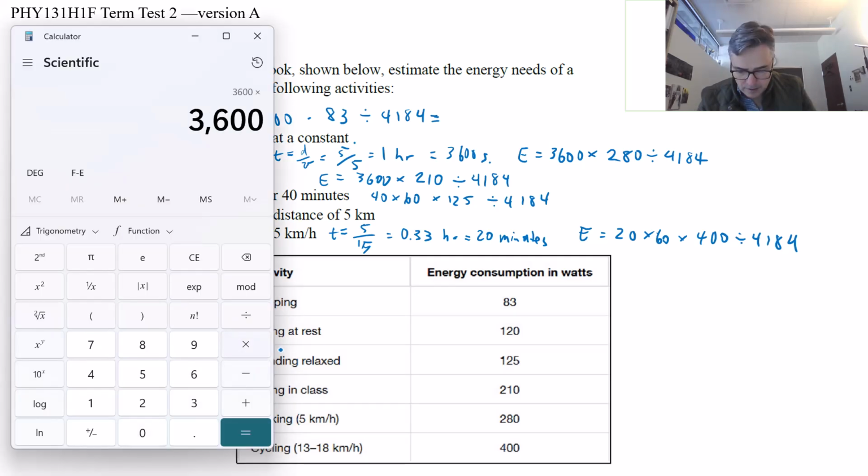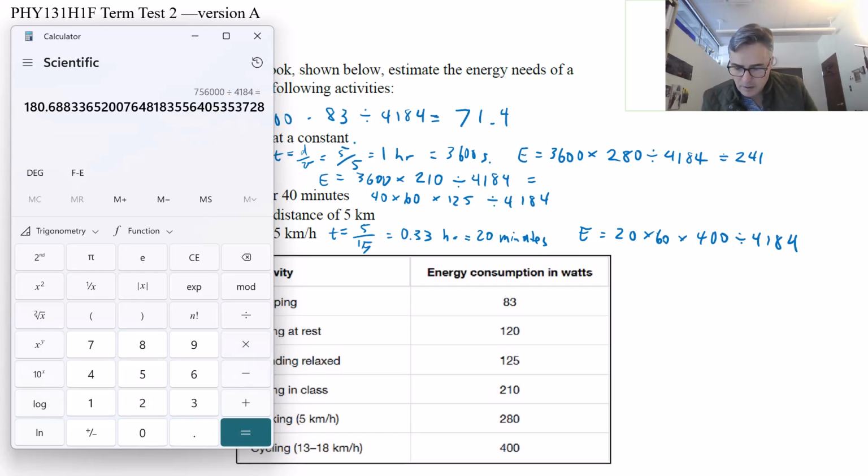3,600 times 83 divided by 4,184 is 71.4. 3,600 times 280 divided by 4,184, 241. 3,600 times 210 divided by 4,184, 181. 40 minutes times 60 seconds times 125 divided by 4,184 is 71.7 calories.